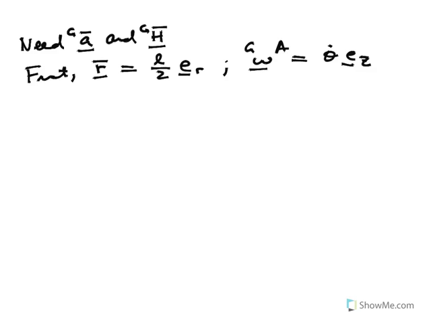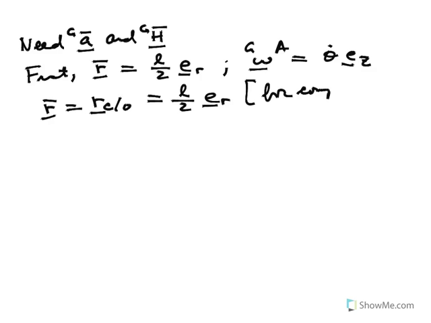Now notice that this position of the center of mass is also equal to the position of C relative to O. So that's for completeness. Because where are we measuring from? We're measuring from an inertially fixed point. All distances have to be measured from an inertially fixed point.